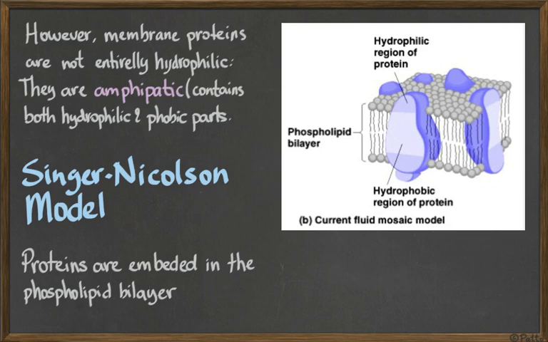So the Davson-Danielli model is not an embarrassment for science. It's actually a model knowing that you have proteins there. They just got it wrong about where the proteins actually were. Singer-Nicholson went a little bit further, knowing that the membrane proteins are not just on the outside, they are actually all through the membrane itself.